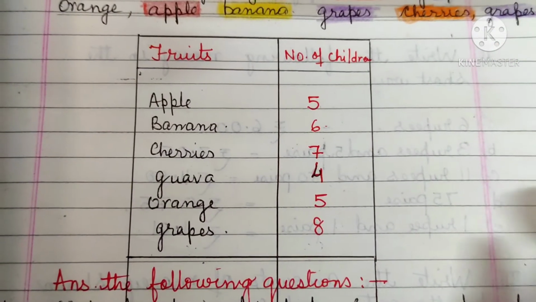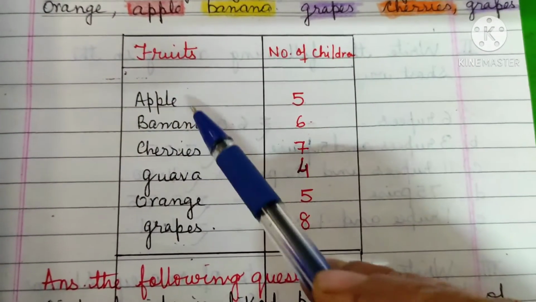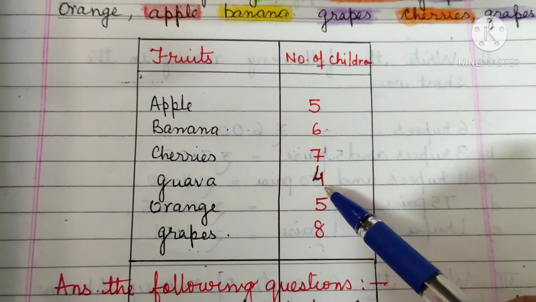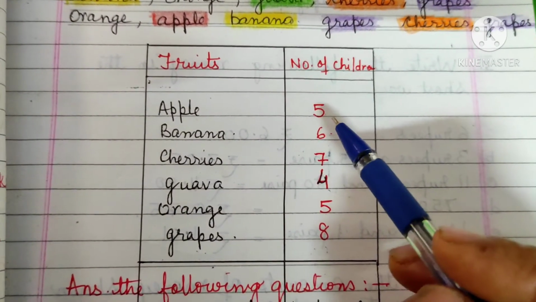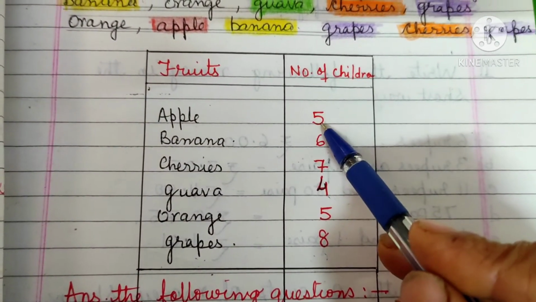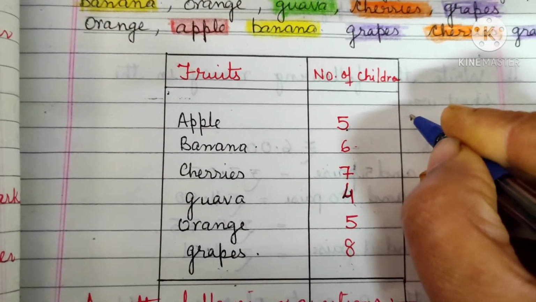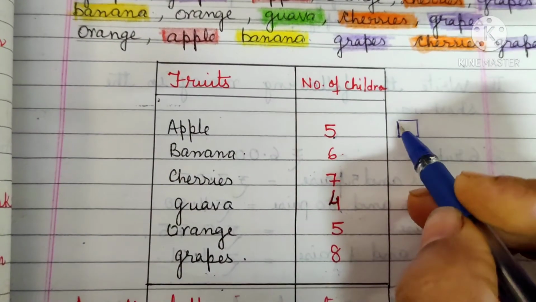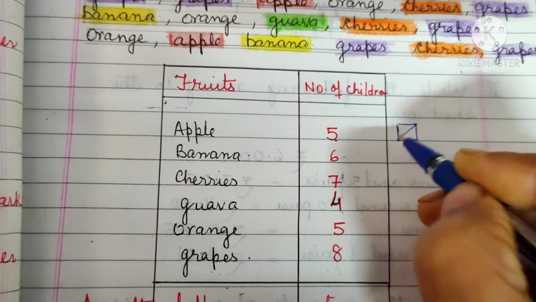Children, here I have taken the same example, and you have to represent this number of children showing tally marks. So for 5, you will draw a box first. This represents 4, and after that you make a diagonal line.